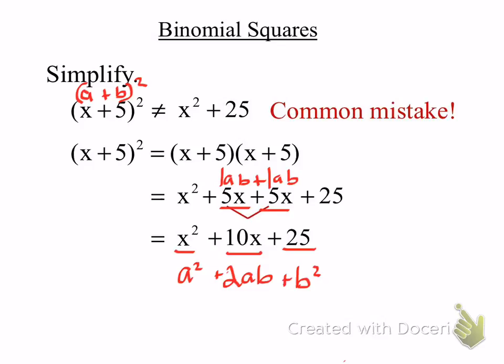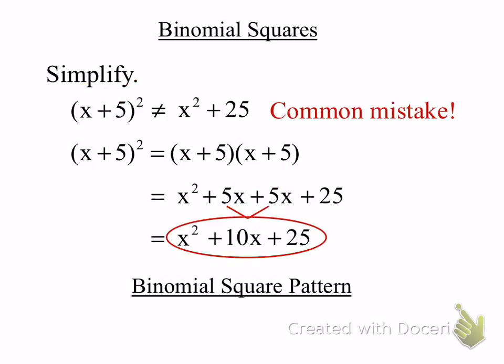It's because when I do my distributing here, and I get plus 5x for that, and I do my distributing here, and I get plus 5x here, there's 2 inner and outer terms. Are we clear on that? So, that's going to be the formula that we are going to use with these special binomials. So, notice, if I square the first term, I get this.